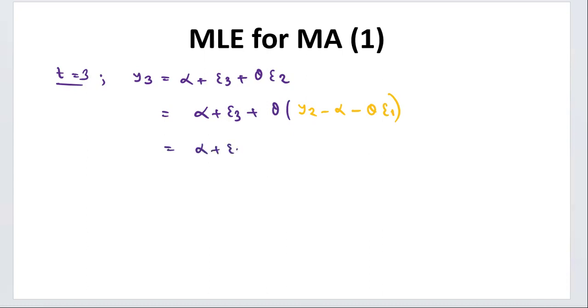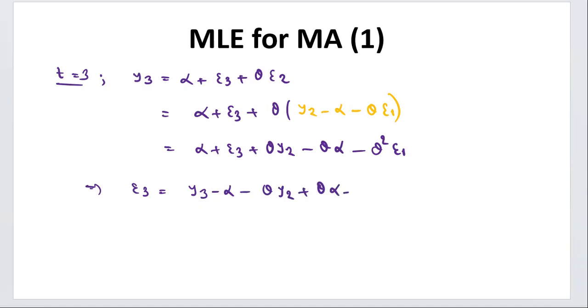So alpha plus epsilon 3 plus theta y2 minus theta alpha minus theta squared epsilon 1. Then take this on this side: theta y2 plus theta alpha plus theta squared epsilon 1.